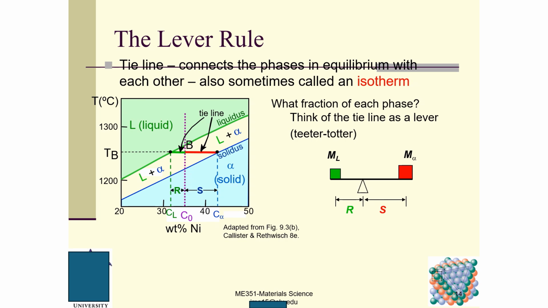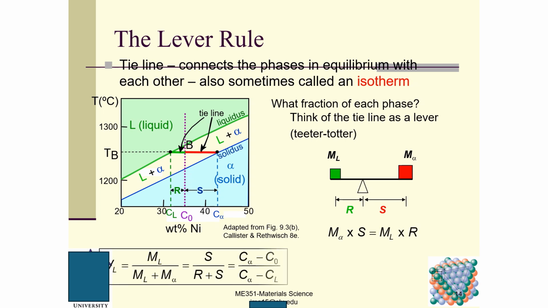If these two are in balance, we know the relationship between ML and M alpha. So WL equals S divided by R plus S, and W alpha equals R divided by R plus S.